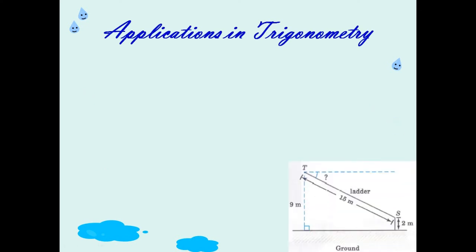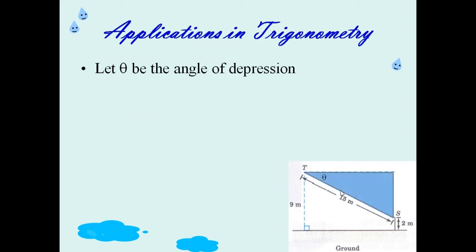So we will say let theta be the angle of depression, and then draw the right angle triangle. Sometimes you may draw here to find this one, but this one is the same as this one, so you can draw the triangle here. In here, you are not cutting your trapezium into two parts. You add a right angle triangle to make a rectangle for the whole picture.